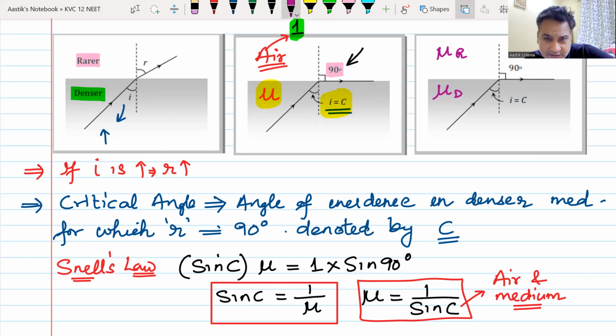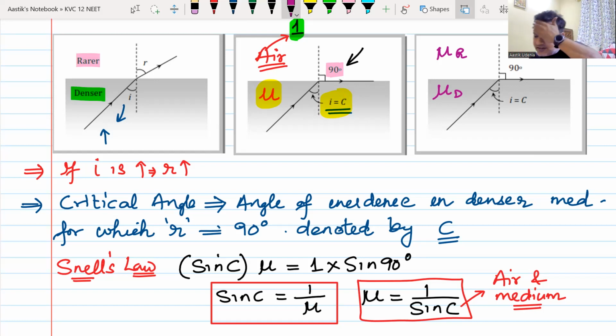If one medium is air and the other is water, the critical angle is different. If one medium is water and the other is glass, or alcohol, or something else, the critical angle changes. So now I have two mediums. One has a refractive index of mu D because it is a denser medium. The other medium has a refractive index of mu R.